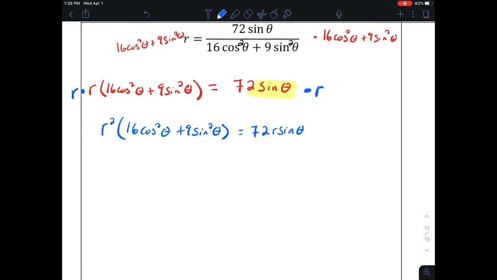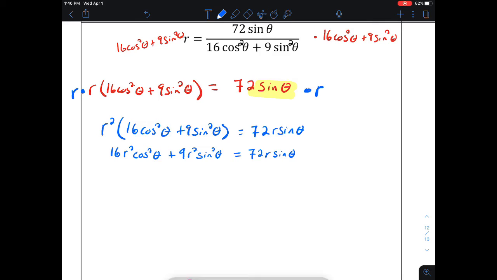Now if we distribute the r squared on the left, we'd have 16 r squared cosine squared theta plus 9 r squared sine squared theta is equal to 72 times r sine theta.